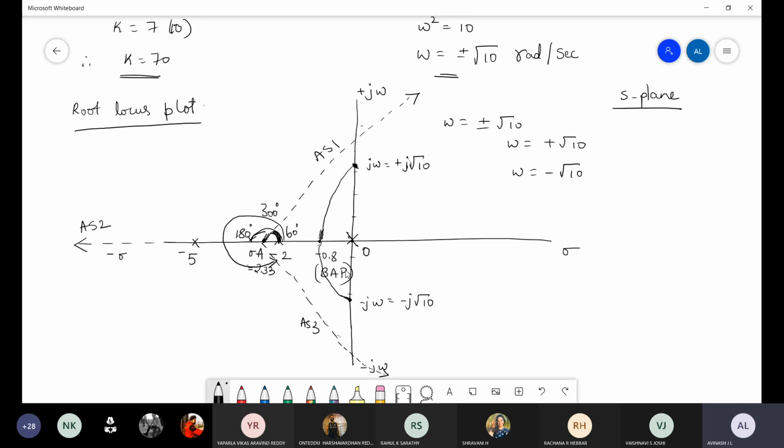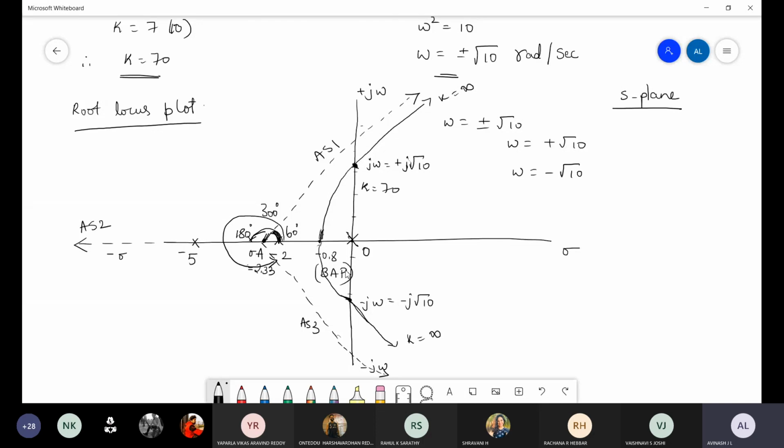Now this root locus branch will go further. The asymptote gives the direction of the branch, and it goes to infinity, so k equals infinity because there is no ending point. At this point of intersection, k will be equal to 70.